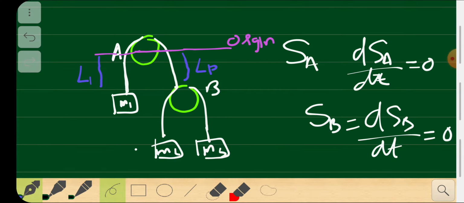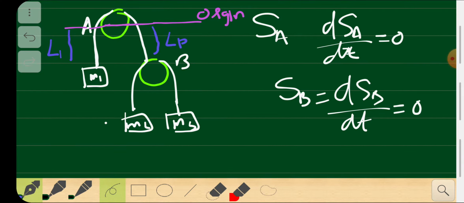Then m2 and m3 are also there. So I'm going to redraw this in such a manner that we can extend this string so that m3 is much farther.